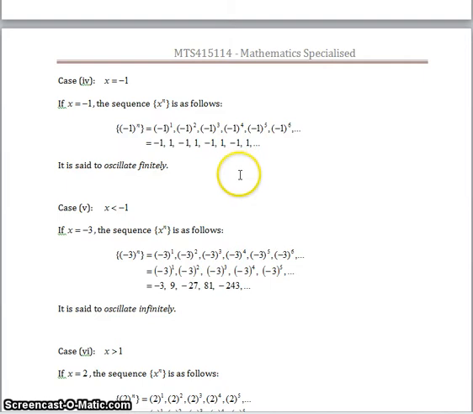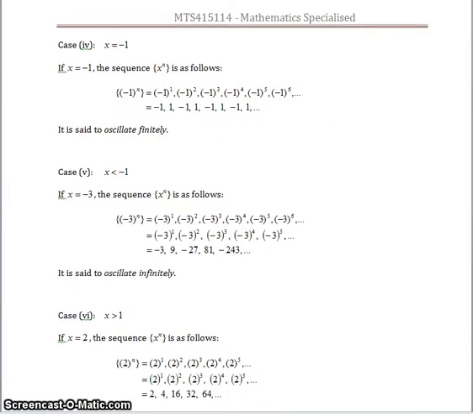So that oscillates finitely. Now, what about if x is less than negative 1, as in this case here? Let's consider if x equals negative 3. So, negative 3 to the power of n, we have negative 3 to the power of 1, 2, 3, 4, 5 and 6 and so on. Because of odd and even powers, we have alternating positive and negative terms, and the powers of 3 are 3, 9, 27, 81, 243 and so on.